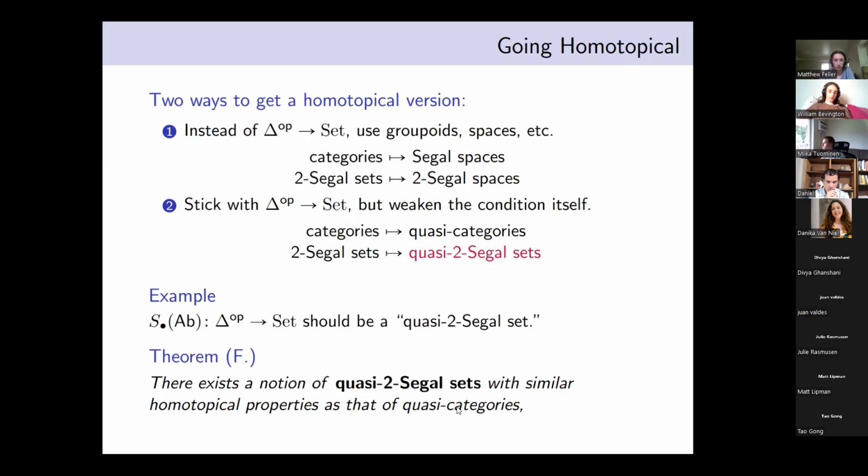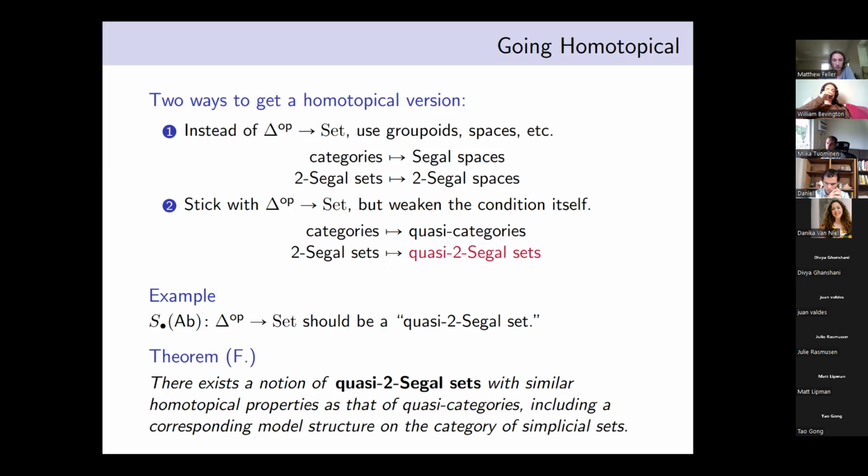And so this is what I was able to do, is to come up with a good notion of these quasi-2-Segal sets and show that a lot of the nice stuff that happens with quasi-categories actually does also happen with quasi-2-Segal sets. And in particular, there's a corresponding model structure. I'm not going to get much into model structures at all today.